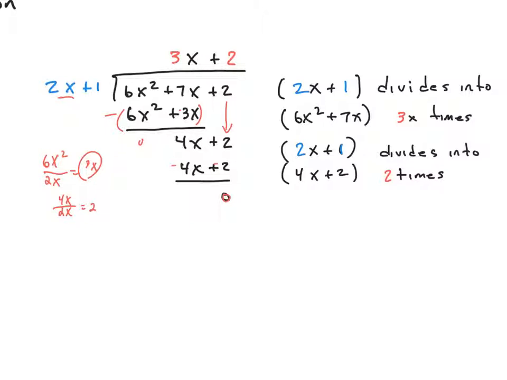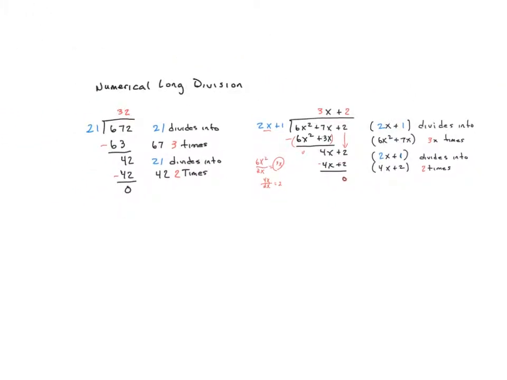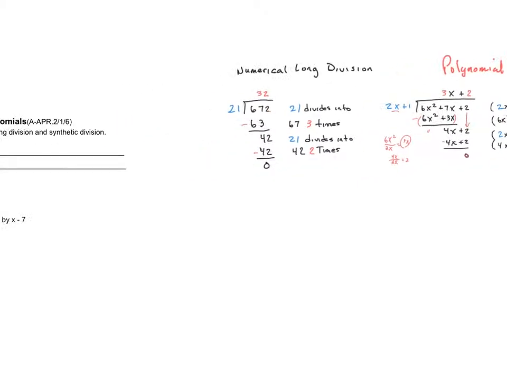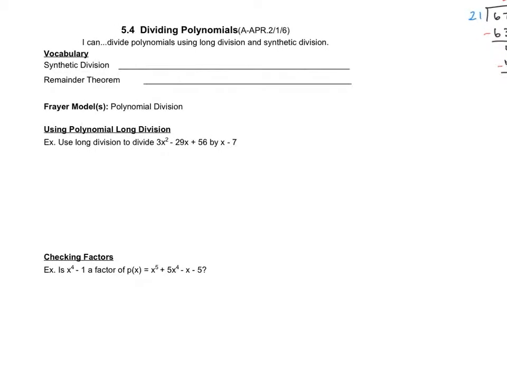Now let's look at the lesson now that you've seen where we were going from long division, numerical long division, into polynomial division. Okay, so let's get back to our notes over here, and 5-4 dividing polynomials, and we use synthetic later on.